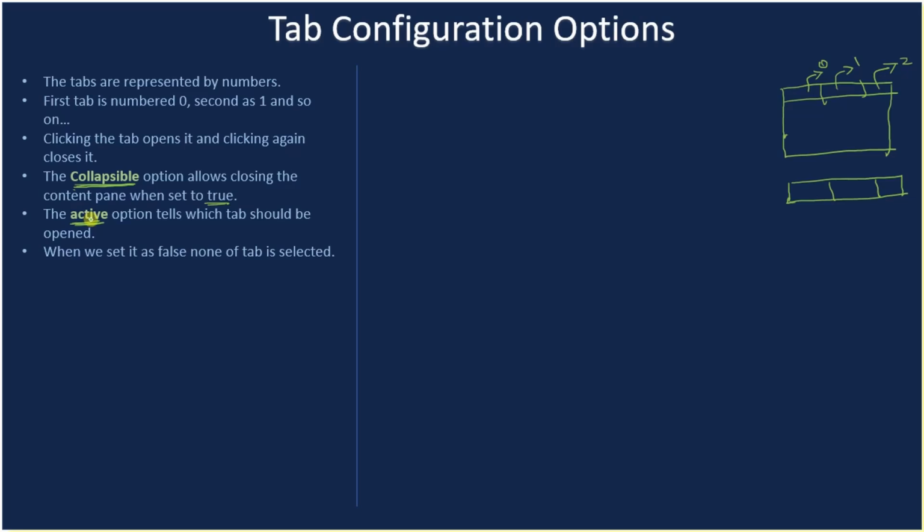That means there is nothing to display because active is not set with any tab number. The code here makes all the tabs collapsed and none of them is in selected state. And this means you see only the headings, right?